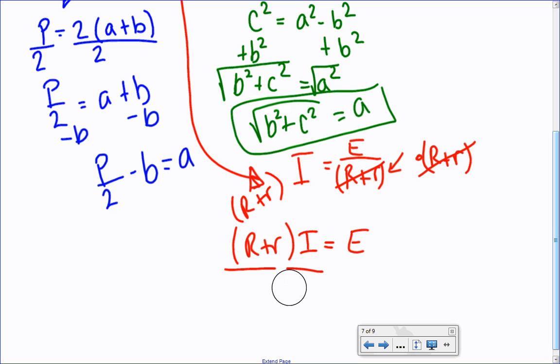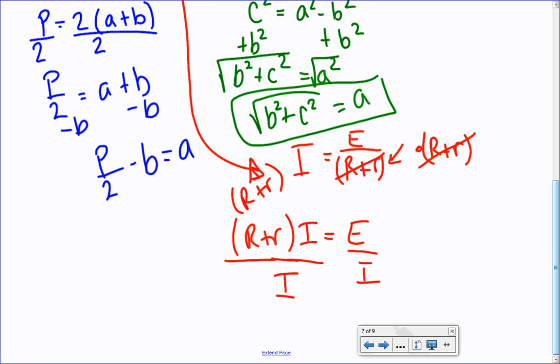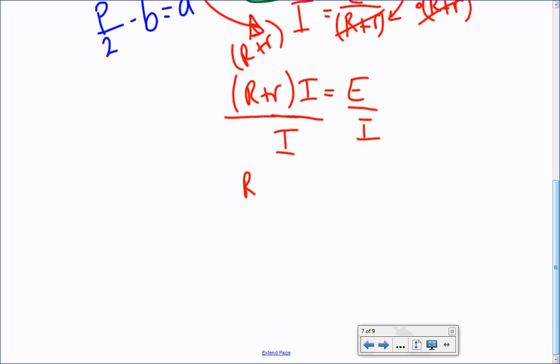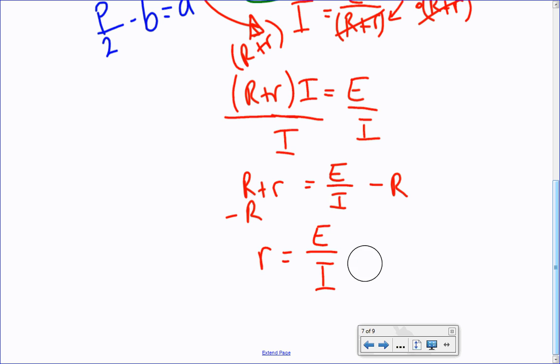Oops, that's pi, not I. Okay, and then we're left with R plus r equals E over I. And then we can just subtract the big R. Because right now we're adding it, right? So we're going to subtract it to the other side. So r equals E over I minus the big R.